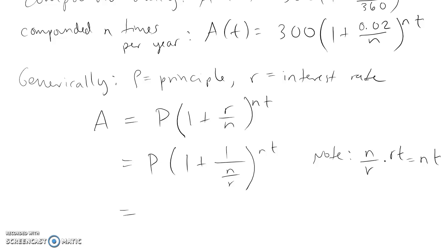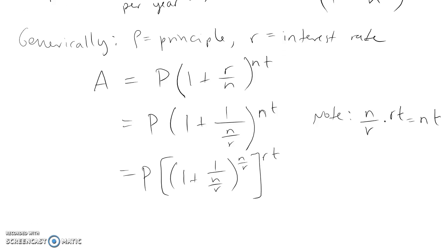Okay, so we're going to replace NT with that. We're going to say P times 1 plus 1 over N over R to the N over R power times RT.